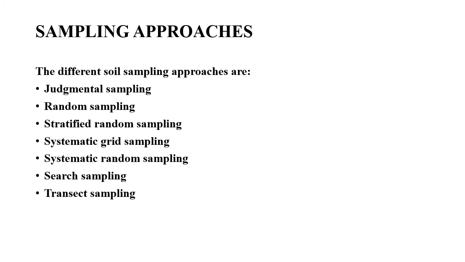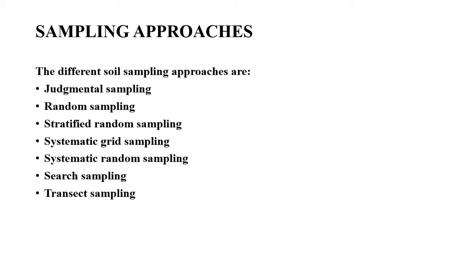Now these are the different approaches. So we have already seen that for the steps during the site visit, one of the steps that we have to finalize is the sampling approach to be adopted for the particular contaminated land.